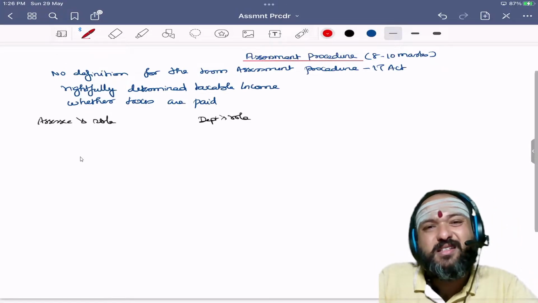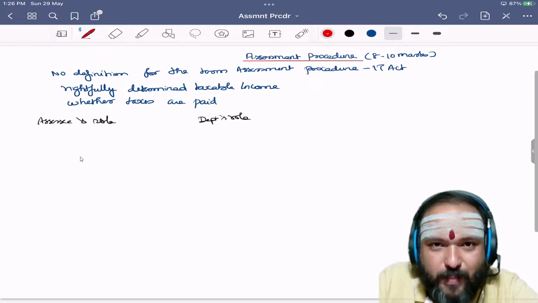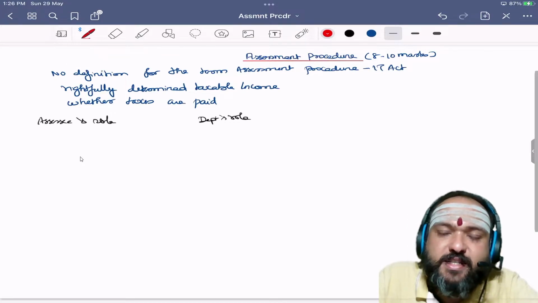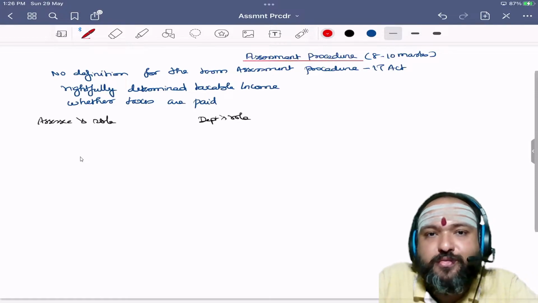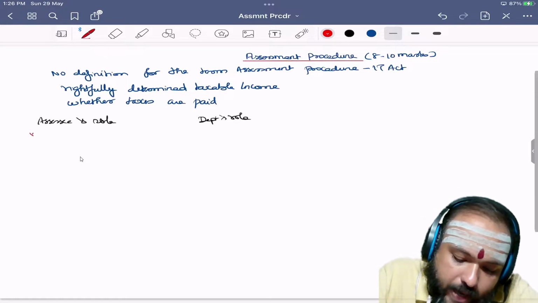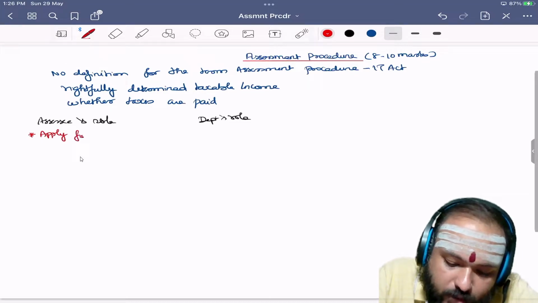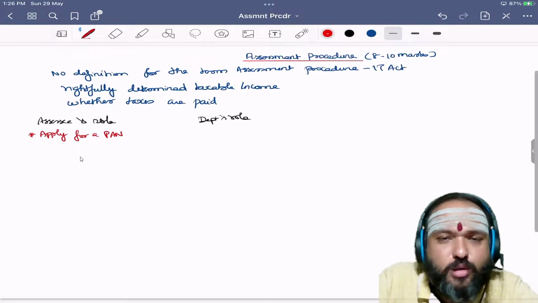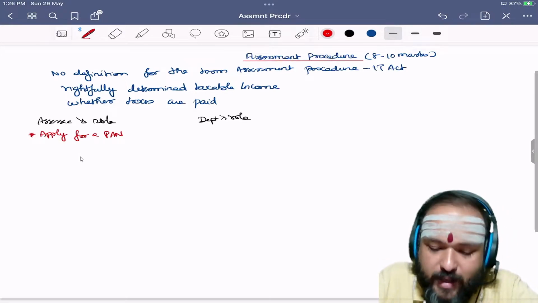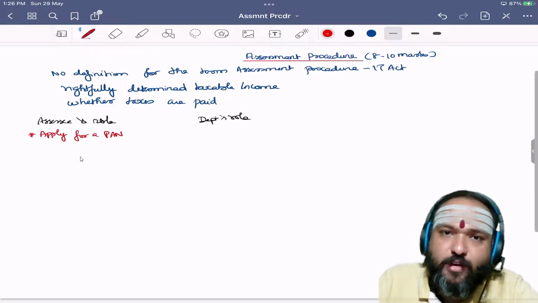So, what is this assessee's role and what is this department's role? So, I am an assessee. So, what is the first step in this entire process of assessment? I have to go and apply for a PAN. And now that PAN and Aadhaar are interchangeable, I should also link it with the Aadhaar. Okay, so I have to go ahead and apply for the PAN.